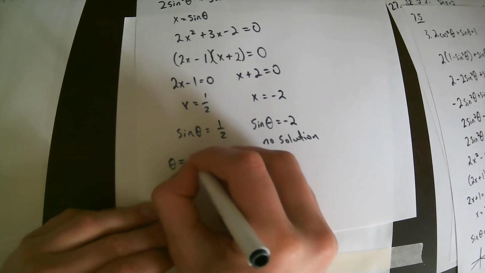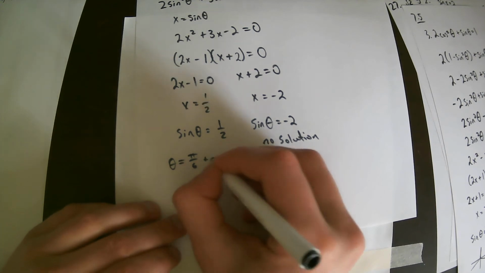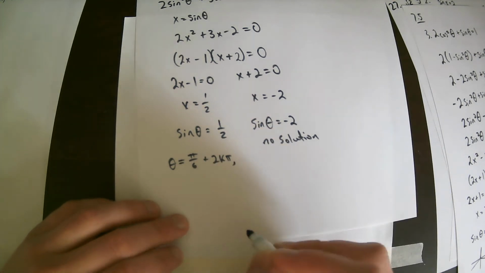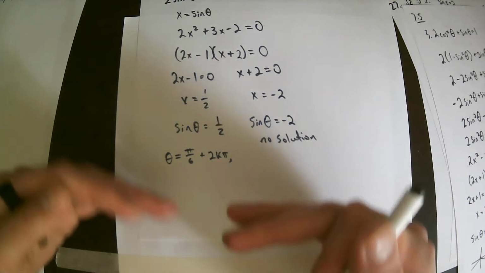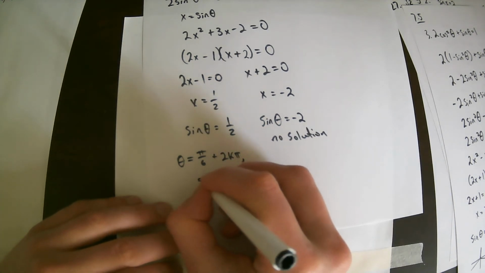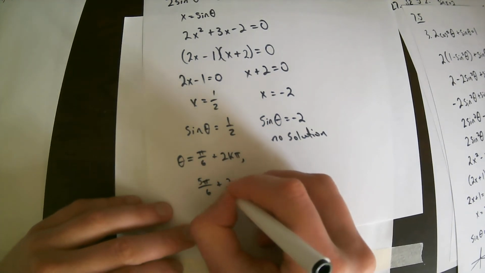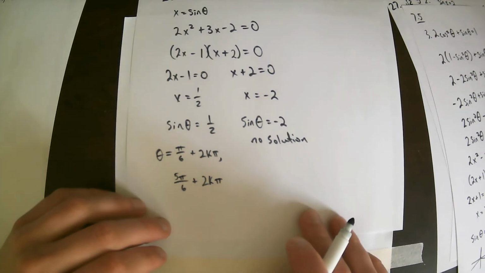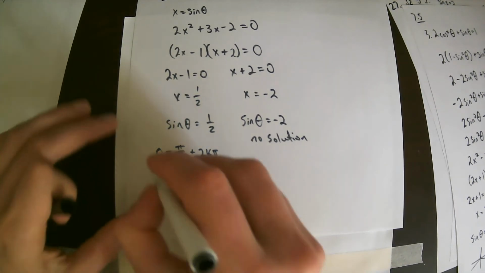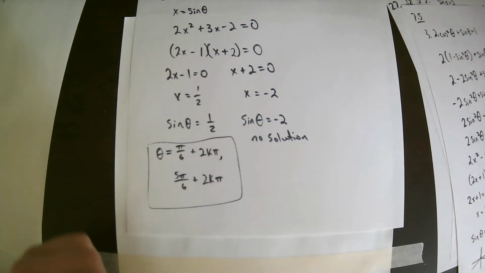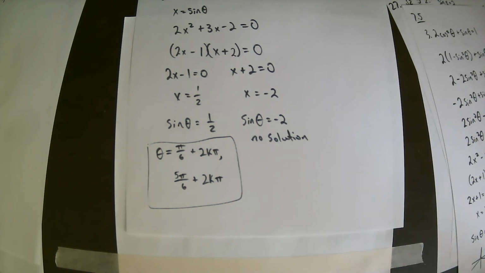And where else is sine positive? At the second quadrant, where the other angle would be 5 pi on 6. And there we go. Let's see, they had the answer listed for this one. Yep, pi on 6 plus 2k pi and 5 pi on 6 plus 2k pi. So there we go.